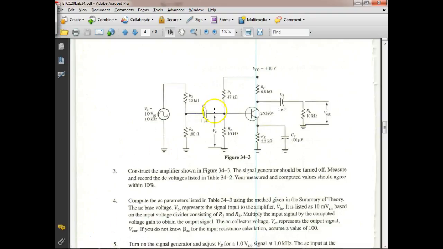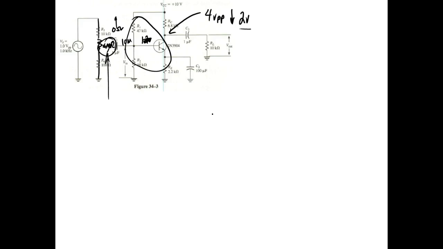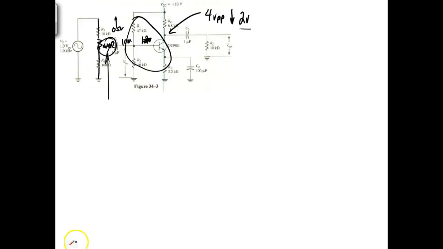So when my input signal comes in, now we're taking our output across the transistor. So when the transistor turns on, its resistance goes down and the output voltage would go down, right? You understand that?